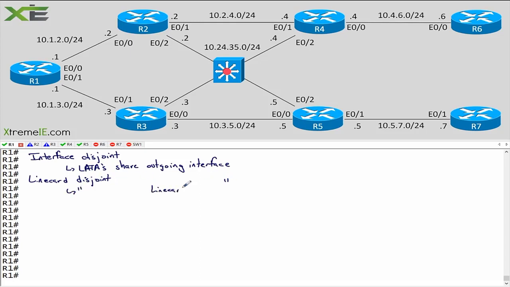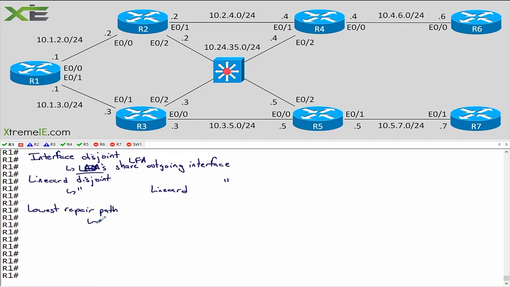Right? Makes sense. Because what if you're running a 6500 or an old 4500 or whatever you're running, and you have multiple loop-free alternatives, and you're sharing a line card? If you drop the line card, you drop both of those backup routes, and that really doesn't help you. So then we have the lowest repair path.